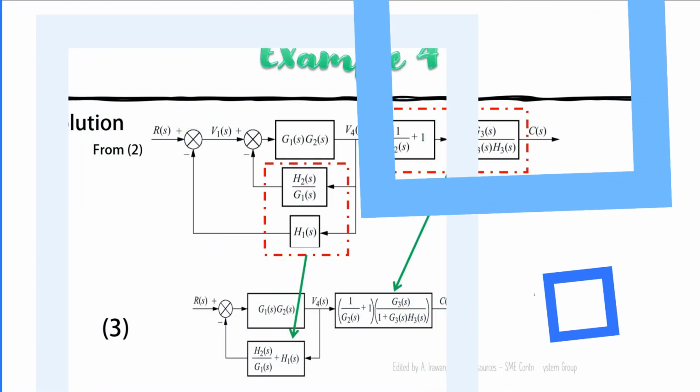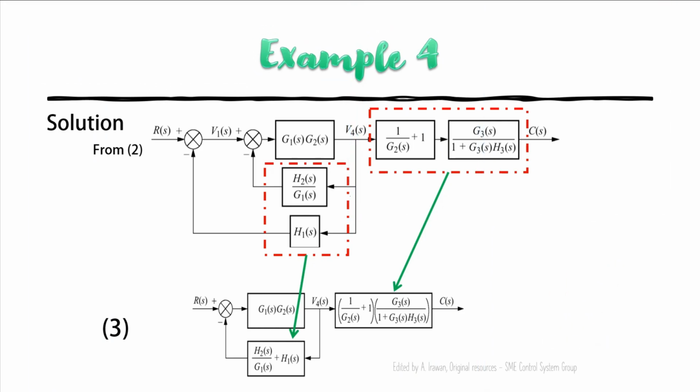The next step, we search for the other blocks that we can simply simplify. The very obvious ones are these two blocks. We just multiply these two, and then these two blocks.